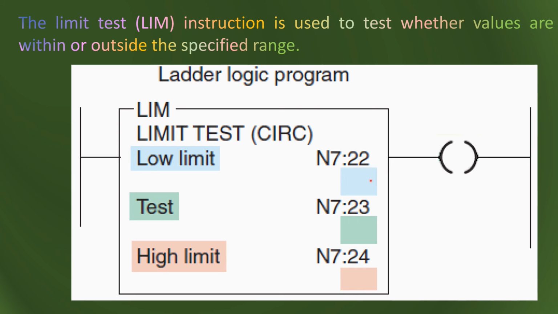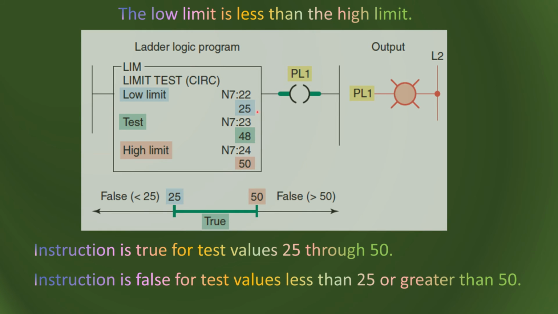Now we will discuss the limit instruction. In the limit instruction, if the test data is higher than the lower limit and less than the upper limit, the rung will be true, otherwise it will be false. So here the lower limit is 25 and the higher limit is 50.